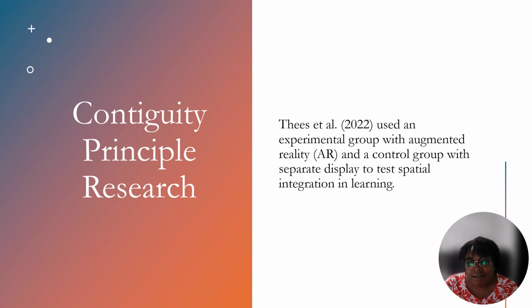Since the control and experimental groups for Thies et al. 2022 were given material that fulfilled spatial and temporal contiguity, this still proves that instruction using the contiguity principle improves learning and lowers cognitive load.